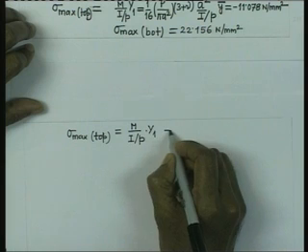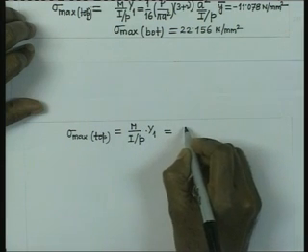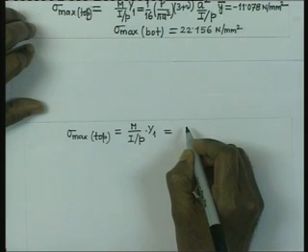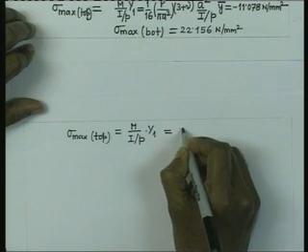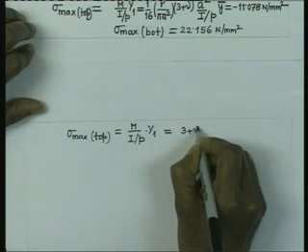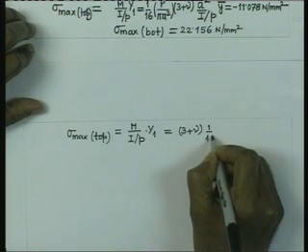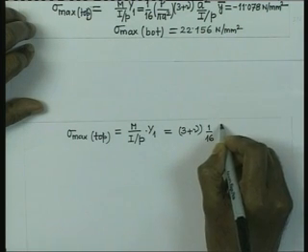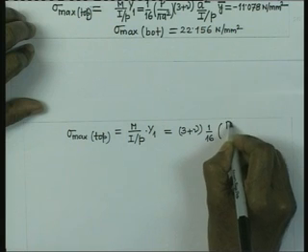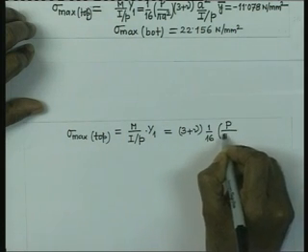So, now we can write the value of the moment as 1 by 16 P S square into 3 plus nu. So, therefore, we have 3 plus nu into 1 by 16 pressure distribution, which is capital P by pi S square.